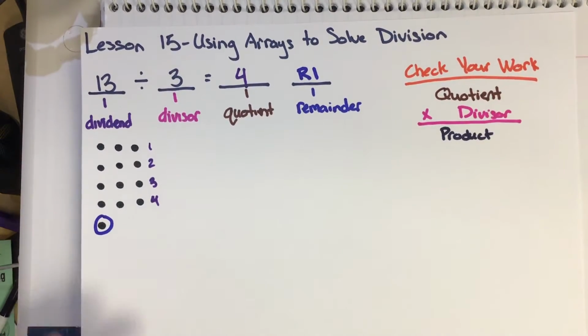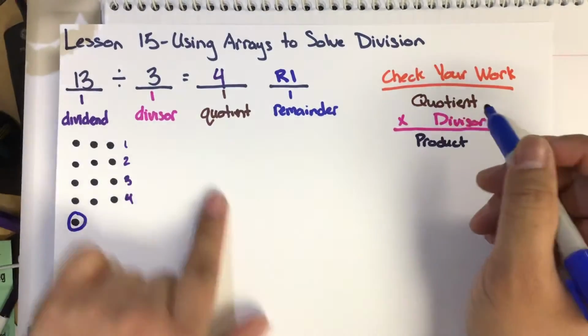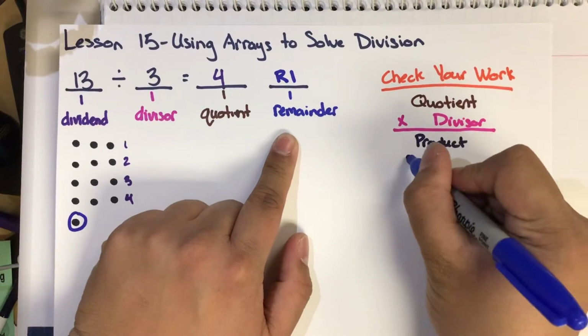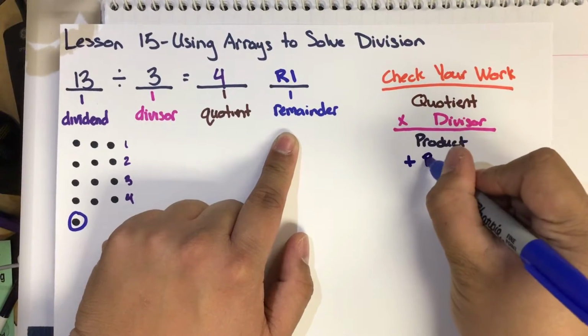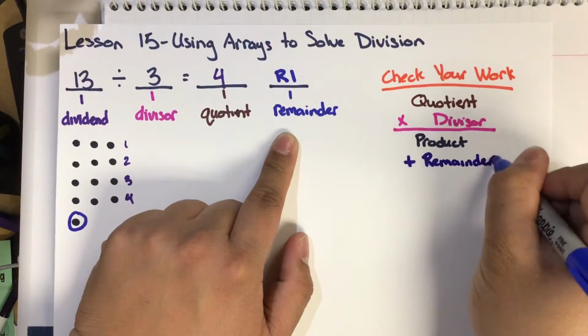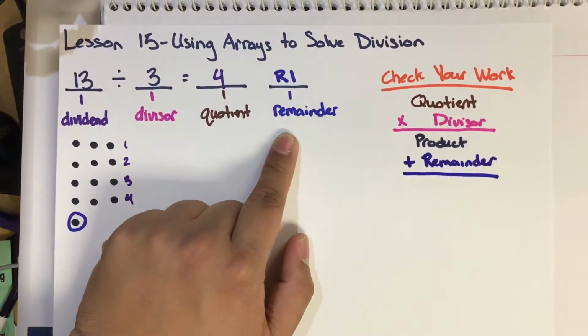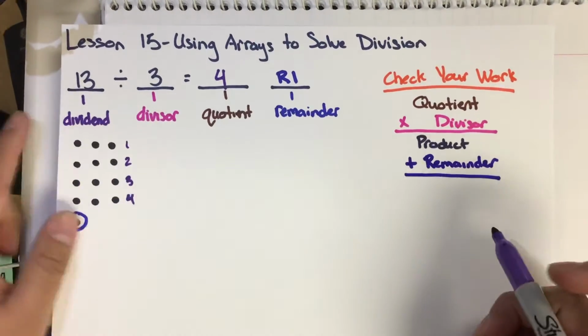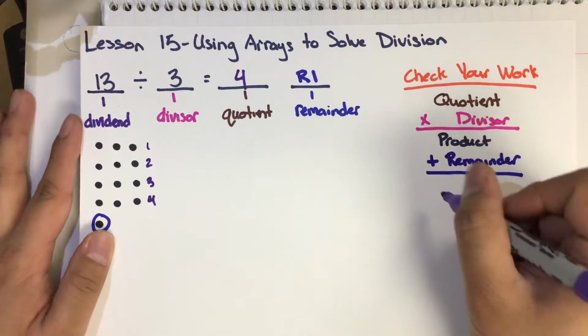And once we have that product, we want to add our remainder. So plus your remainder. And when we do all of that, our answer should be the same thing as our dividend here, our starting number.